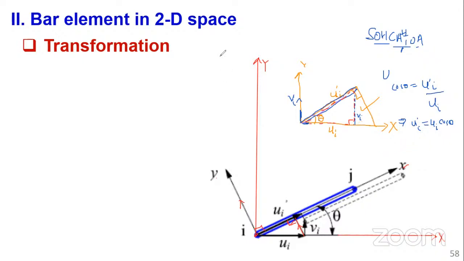You need not drop that line there. Let me just repeat this. So sine theta is equals to VI.